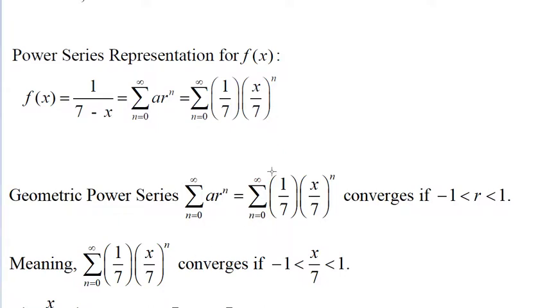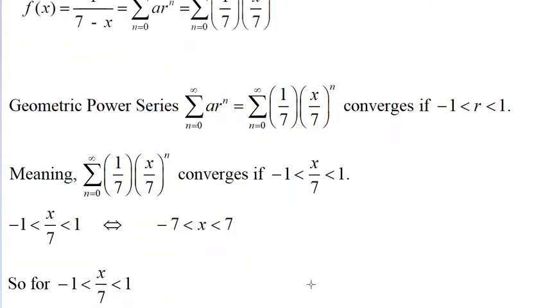And therefore, this series converges if x over 7 is between -1 and 1. So we have -1 less than x over 7 less than 1. Multiply everything by 7, and we get x to be between -7 and 7.